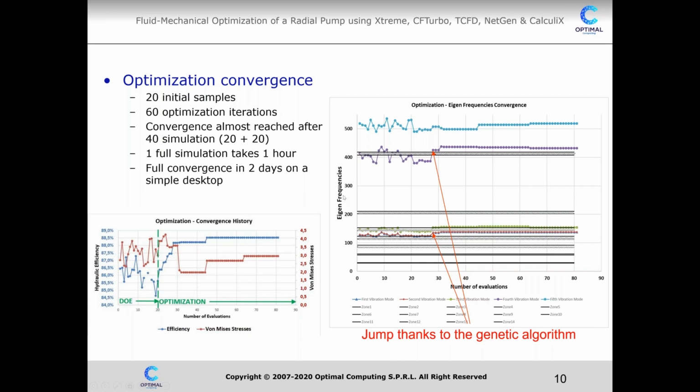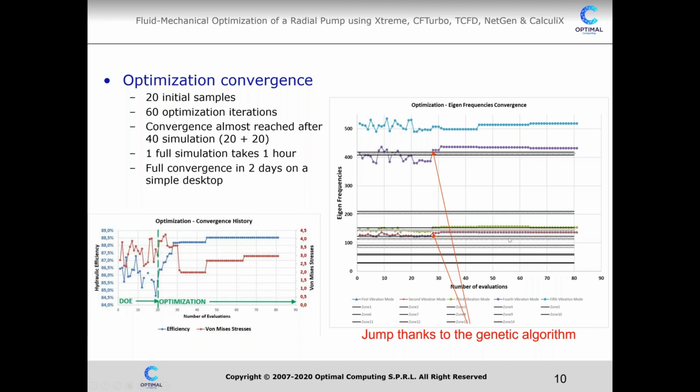We represent the eigenfrequencies. In blue and red here, we have the first and second vibration modes. In blue, we have the third vibration mode. Here we have the fourth, and in blue here we have the fifth vibration mode.